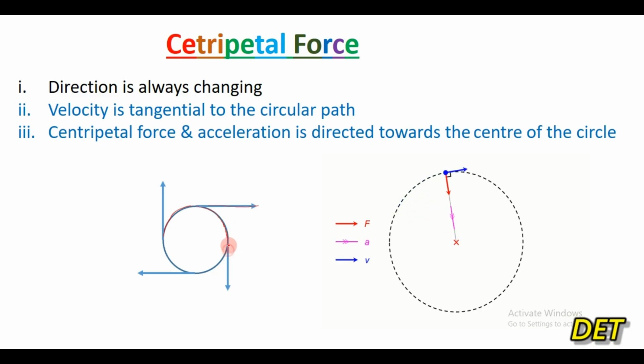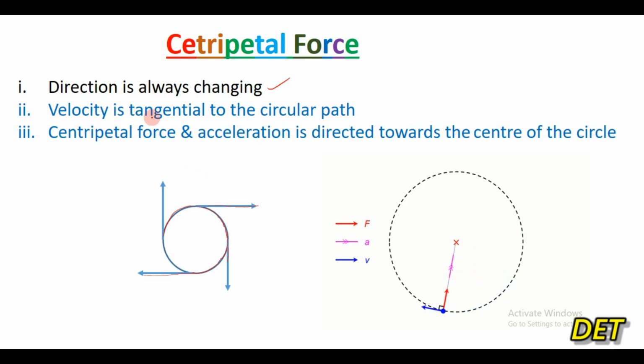As it turns like this, there is a tendency for it to move towards this direction, but the force will pull it again. But the centripetal force doesn't give it that chance. It pulls it again towards the center so that it can maintain that circular motion, right?